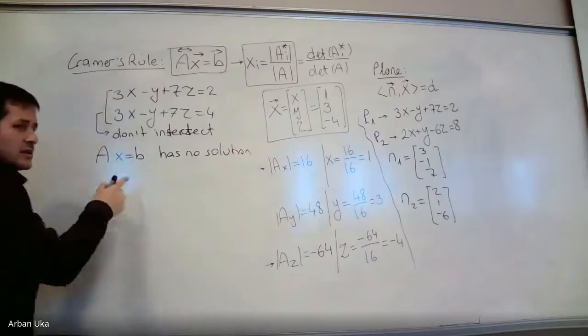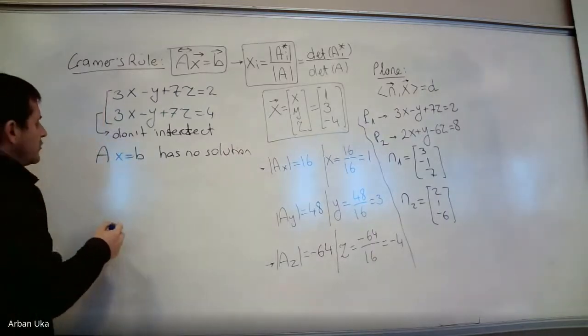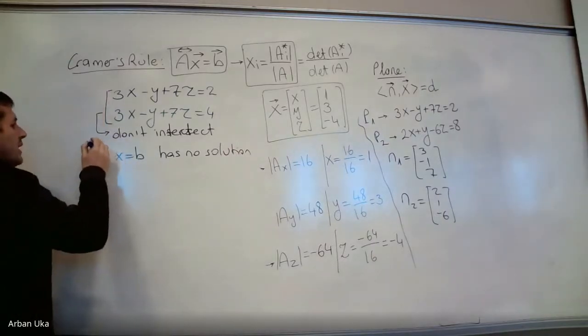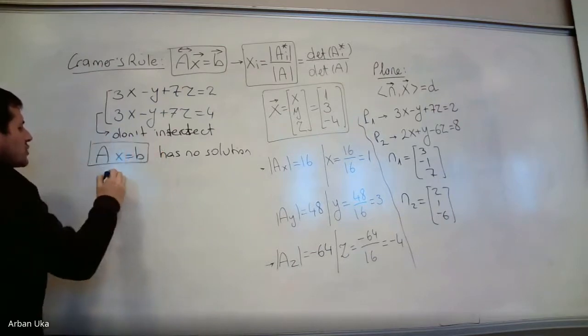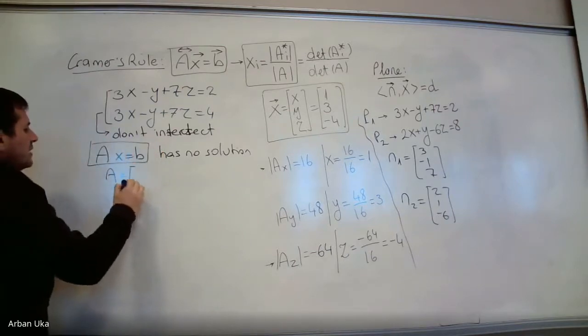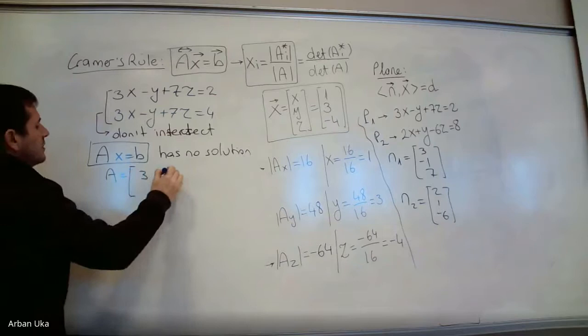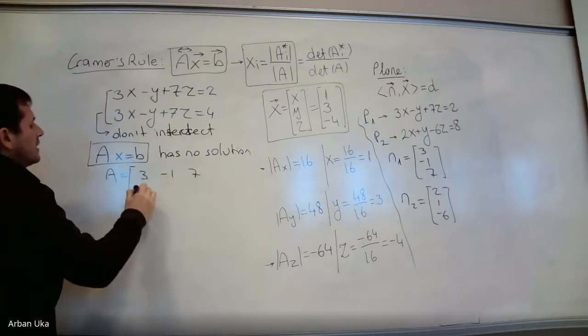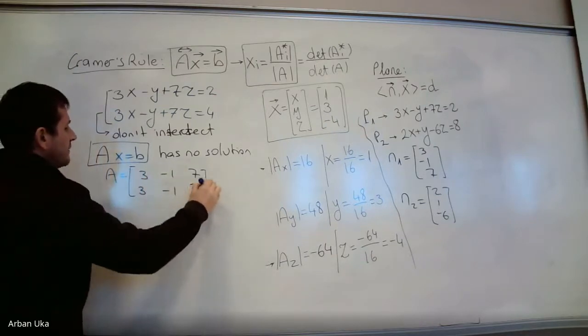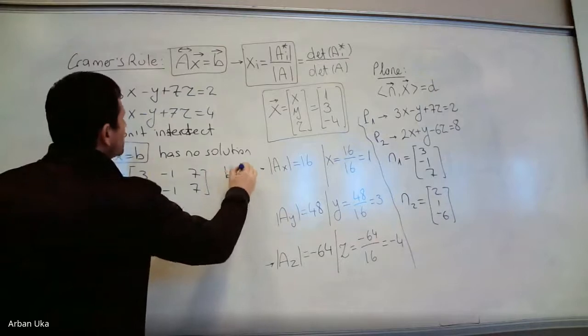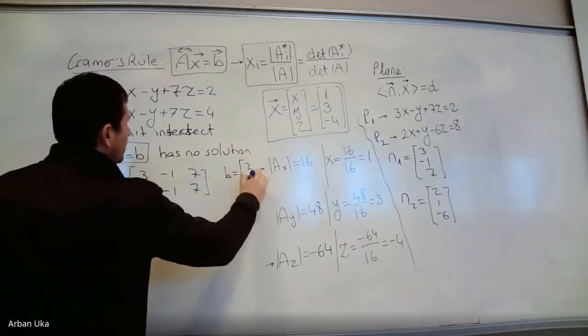We did AX equals B in this class, the previous week. What is A? A is 3, minus 1, 7. What is B? B is equal to 4.